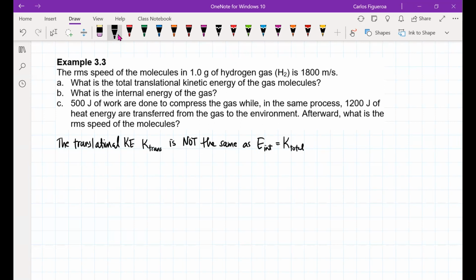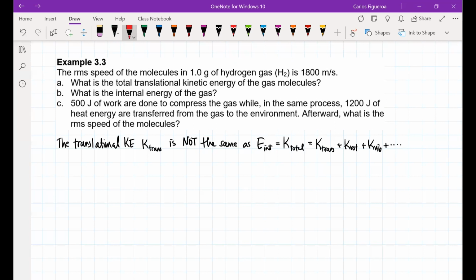And by the equipartition theorem, they have to be quadratic. So you can get K translation, K rotation, K vibration, and so on. As long as they're quadratic terms, then they get distributed equally.